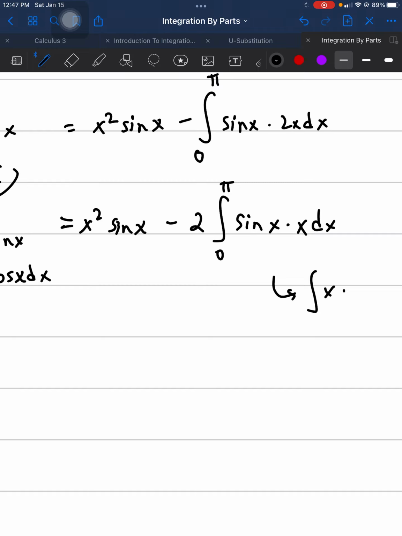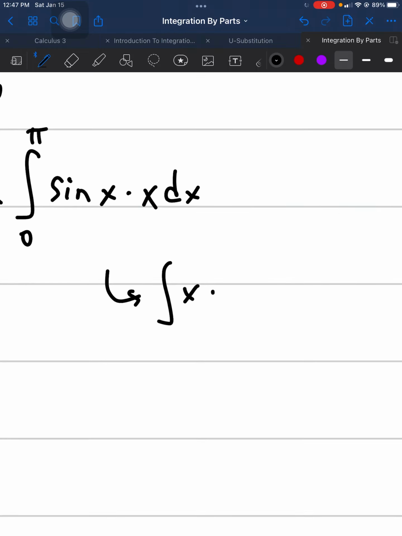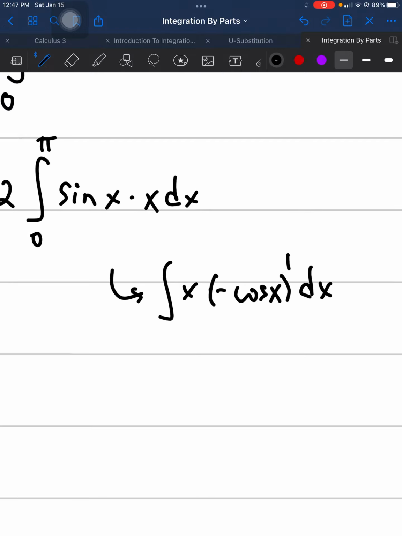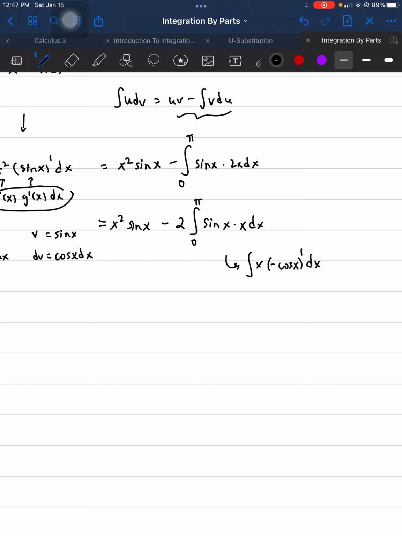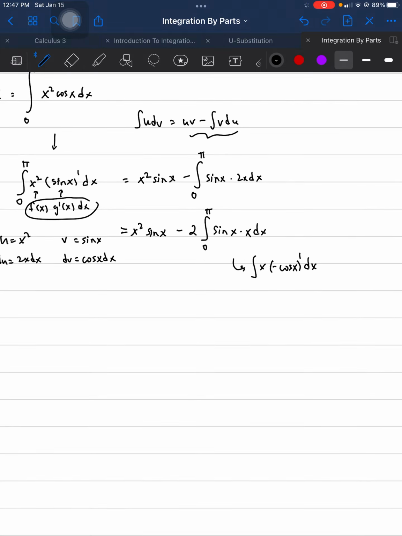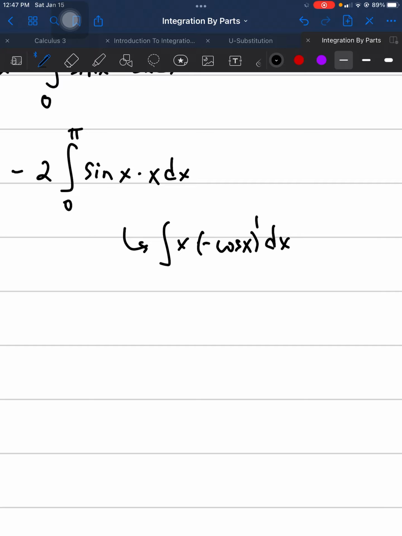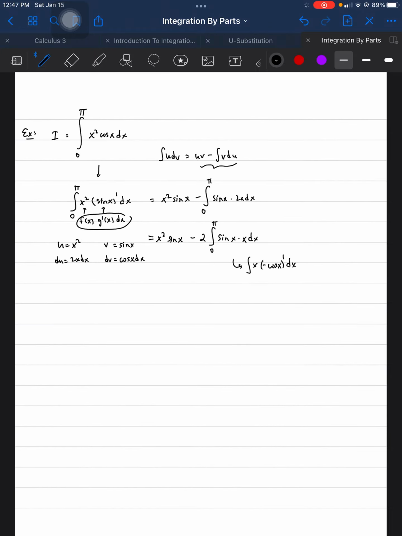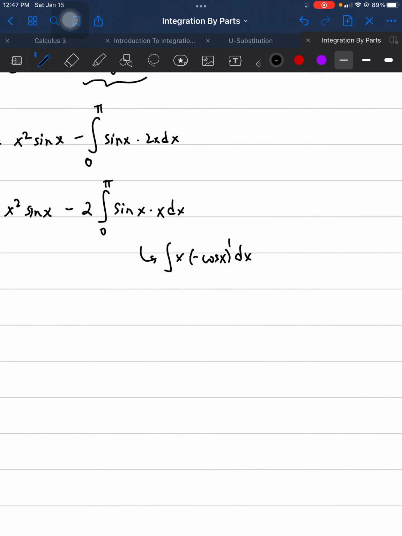So we can write negative cosine x prime dx, and now we're in that form. Now we can use the integration by parts formula.